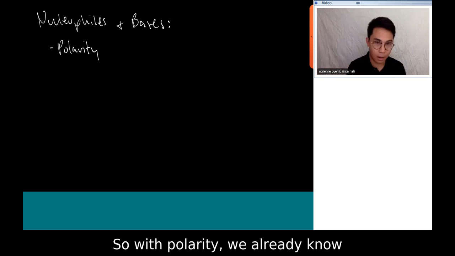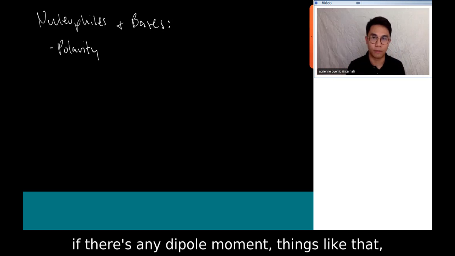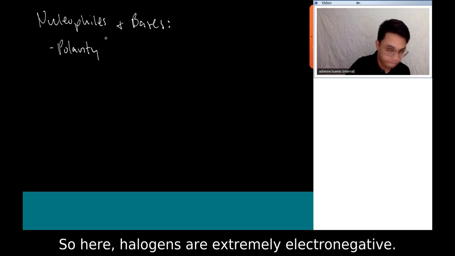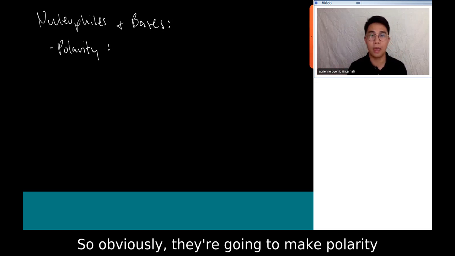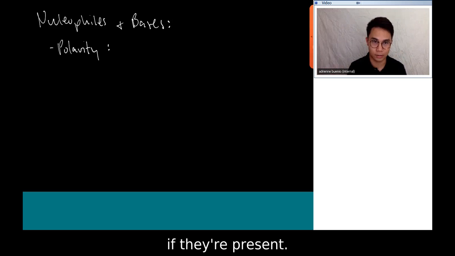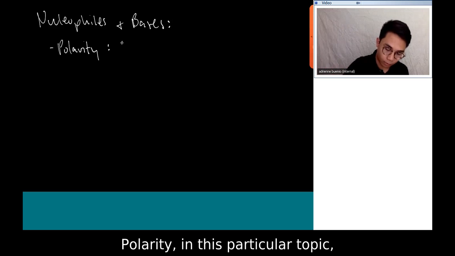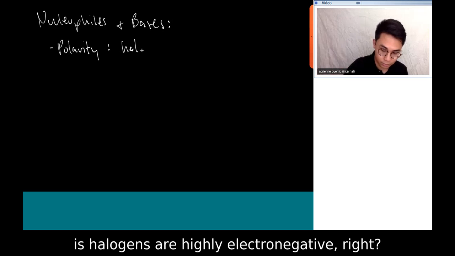So with polarity, we already know if there's any kind of dipole moment, things like that, where things are going. So here, halogens are extremely electronegative, so obviously they're going to make polarity if they're present. So that's why this is important. Polarity in this particular topic is halogens are highly electronegative, right?